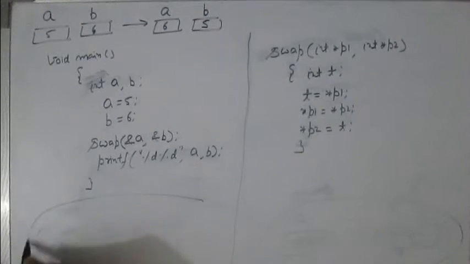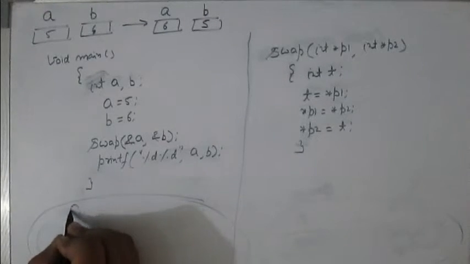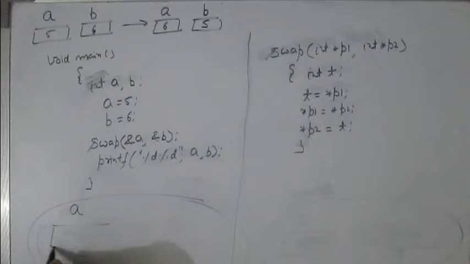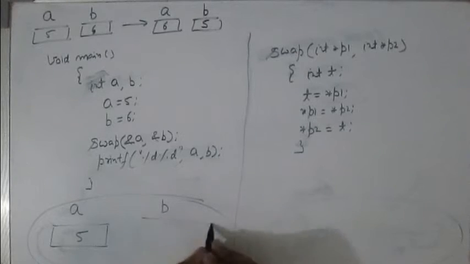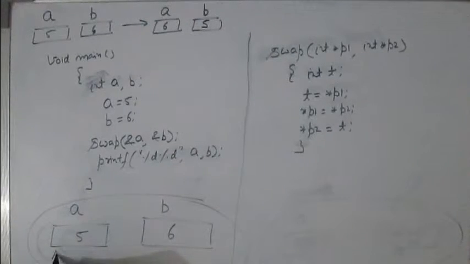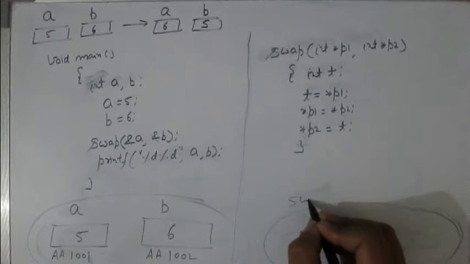Now suppose this is the memory area. Variable A, 5 is stored here, variable B, 6 is stored here. This is the address of A, and this is the address of B, and this is the area for the swap function.